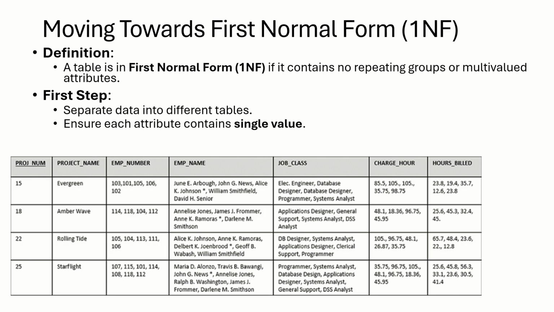So the first step, the first normal form. In this table we need no repeating groups or multi-valued attributes. So we need to separate the data into different tables, or we ensure each attribute only contains a single value.